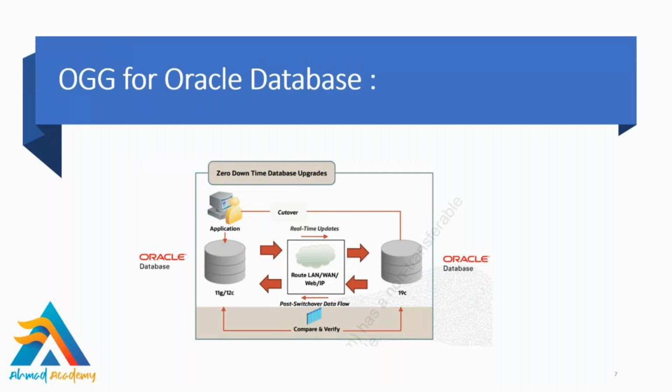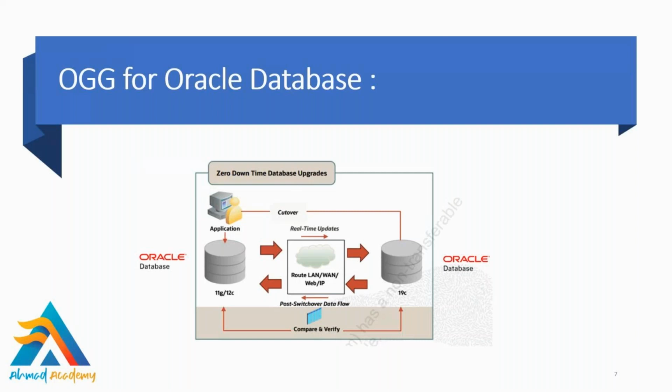So a key use case in eliminating planned downtime is database upgrade. Oracle Golden Gate enables zero database downtime for upgrades, supporting upgrade versions 11g, 12c, 18c to 19c. The solution basically enables zero database downtime by synchronizing databases in different versions and enables immediate switchover.